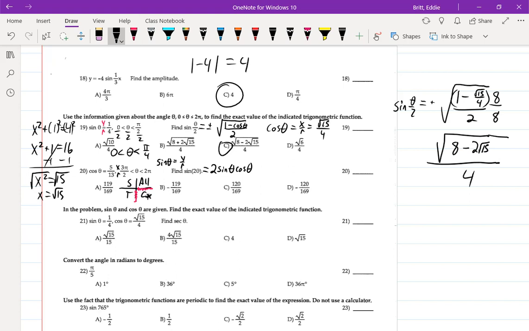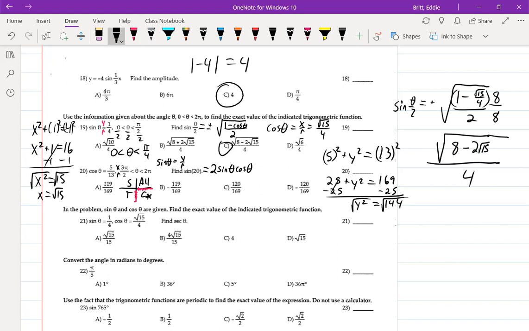So that's going to be x squared plus y squared equals r squared, or 5 squared plus y squared equals 13 squared, or 25 plus y squared equals 169. Or y squared equals 144.